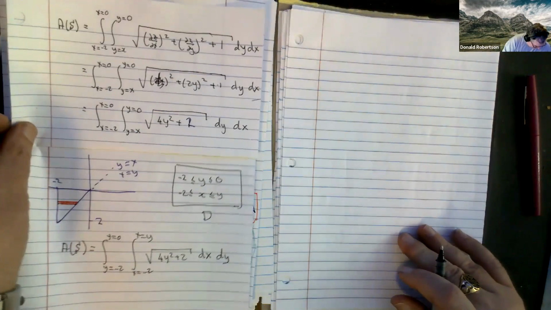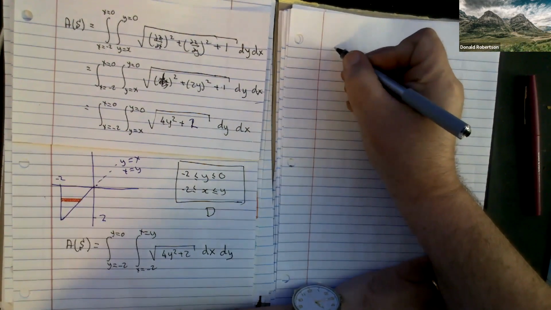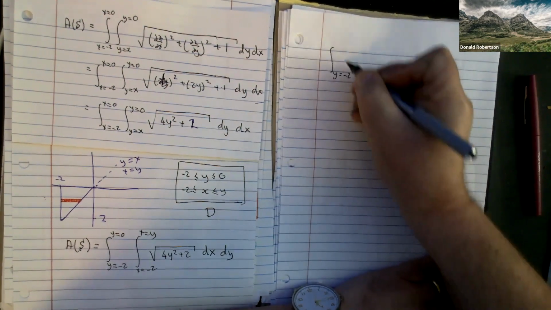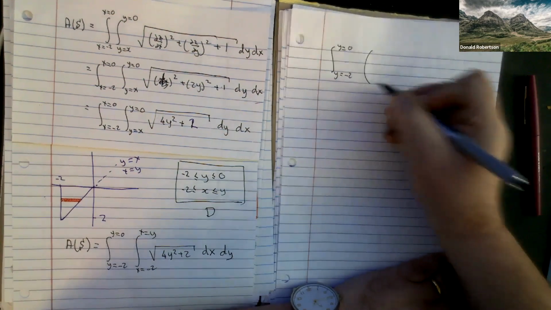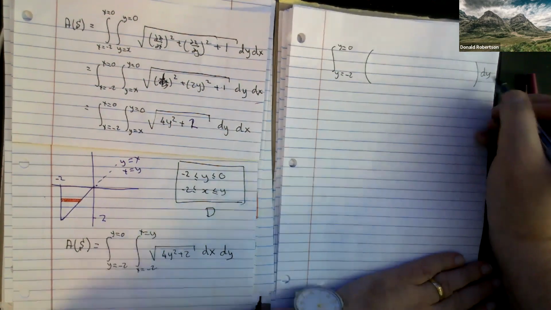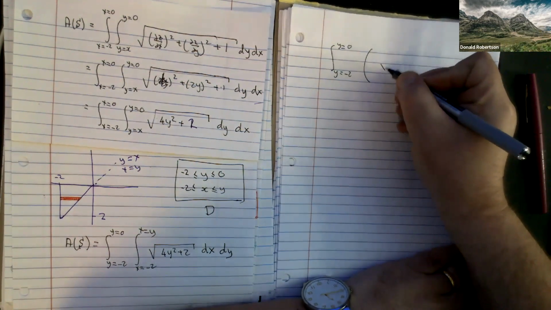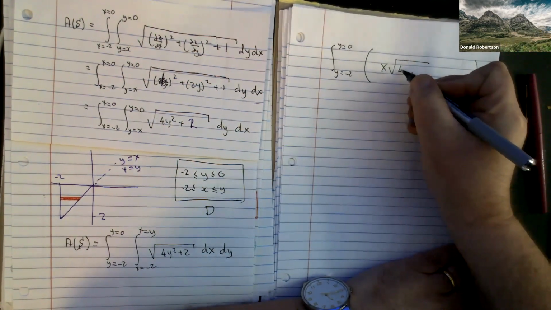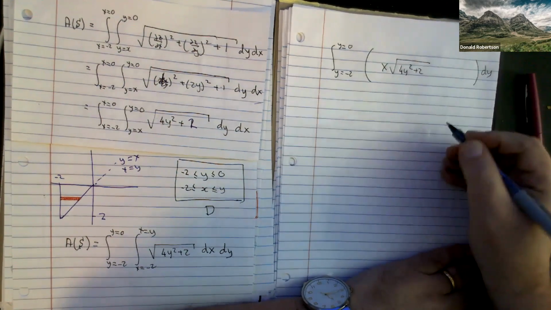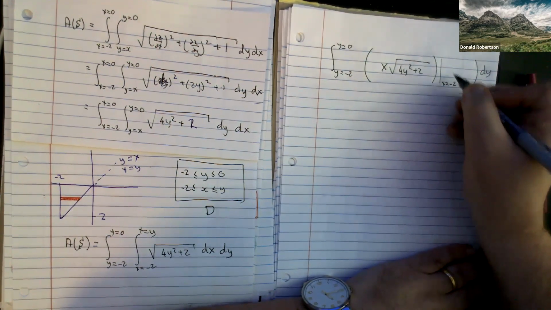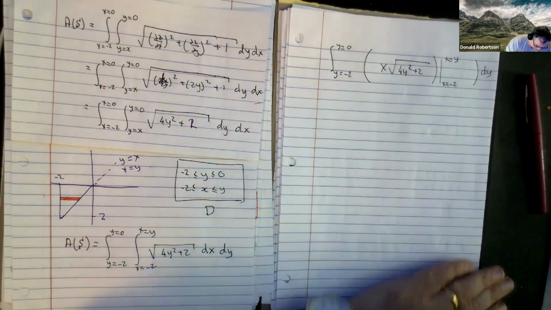So, to finish this off, I'm going to do the integral from y equals -2 to y equals 0, bracket, bracket, dy. And I'm going to focus on that ugly square root. But that ugly square root with respect to x, when you integrate it, just gives you x times the ugly square root, evaluated at x equals -2 to x equals y.